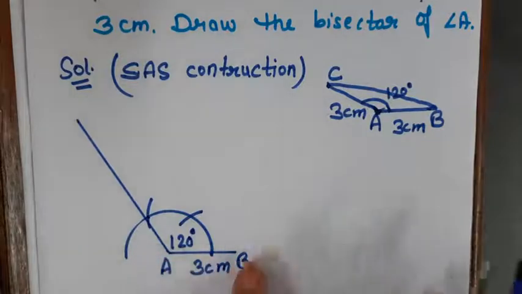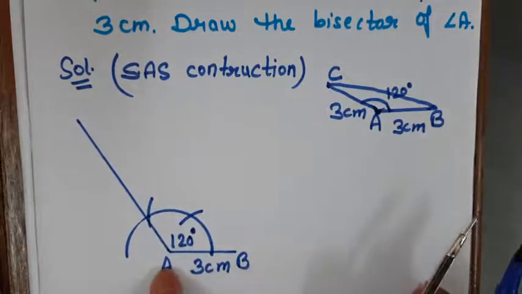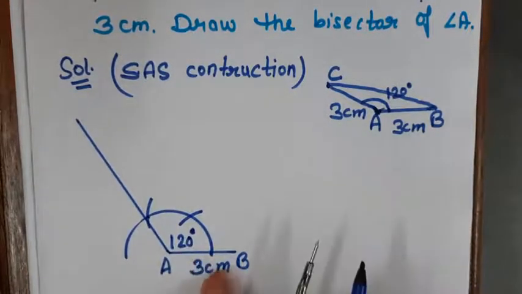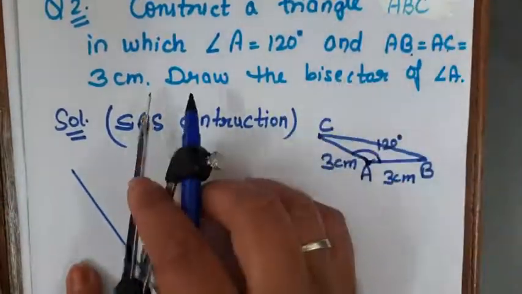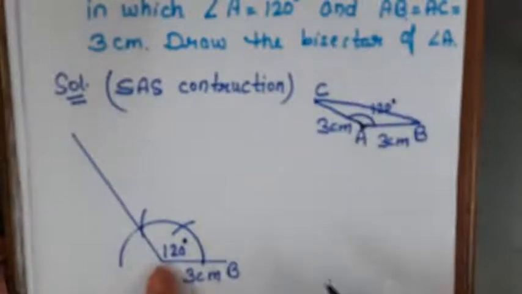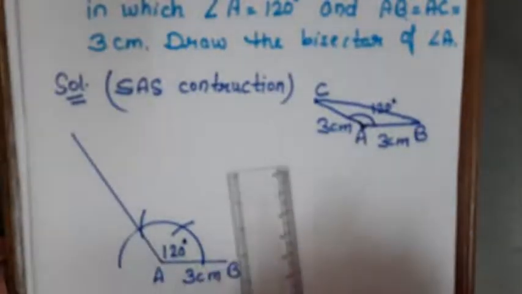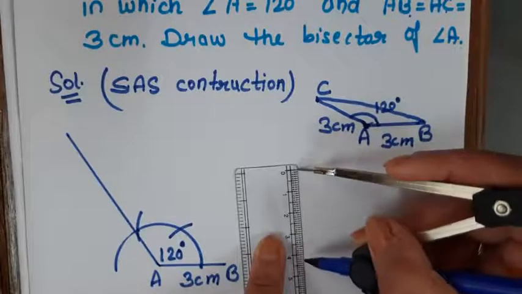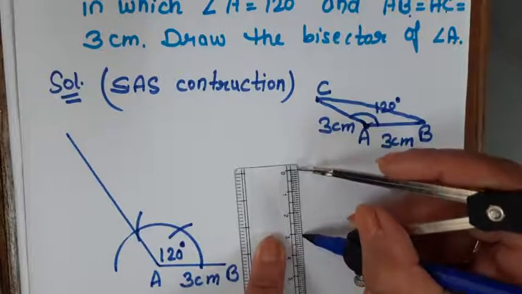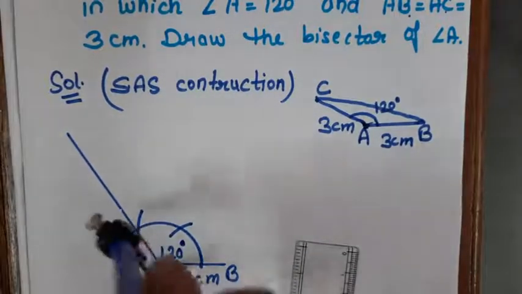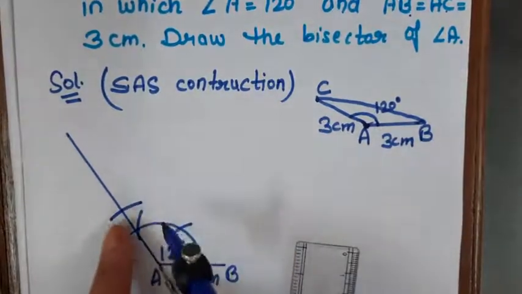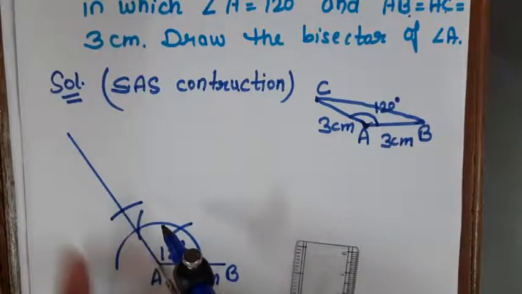Now 2 components we have drawn, that is side, angle. Now third component is again side, that is AC. AC side is also 3 centimeter. So from A point we'll measure the compass to 3 centimeter. Open your compass to 3 centimeter. Keep it at A point and cut here to get C point, right?